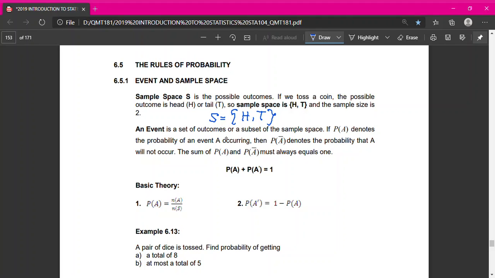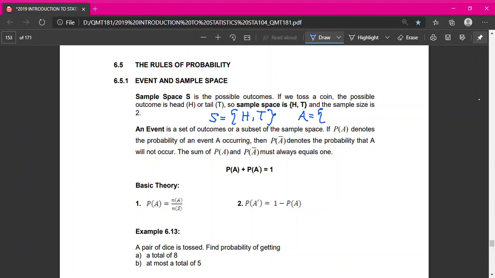Okay, an event pula adalah a set of outcome or subset of the sample space. Sebahagian daripada sample space dinamakan event. Probability of A denotes the probability of an event A occurring. So sekarang let's say event A adalah number of head occur.